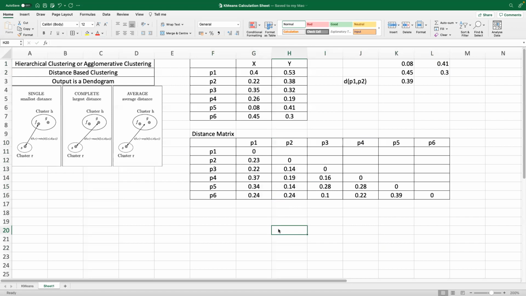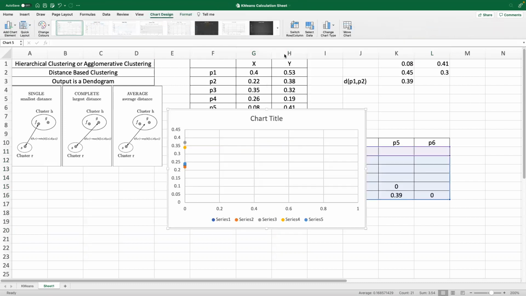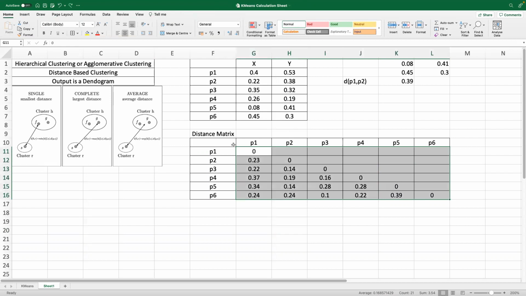Agglomerative clustering of the data points. Now, identify the two clusters with the shortest distance. If I plot this as a scatter plot, how would it look?